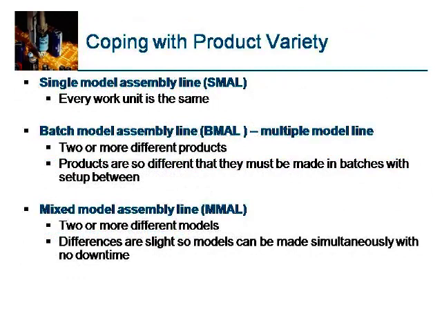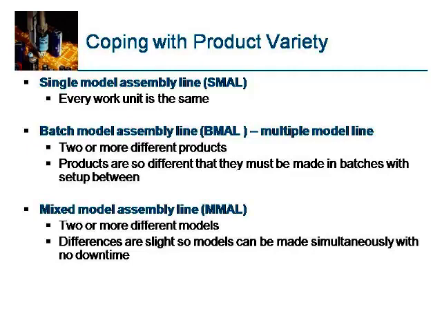Coping with product variety: you can have a single model assembly line where every work unit is the same. Batch model assembly line, BMAL, or multi-model line: two or more different products can be assembled, or products are so different that they must be made in batches with setup between.